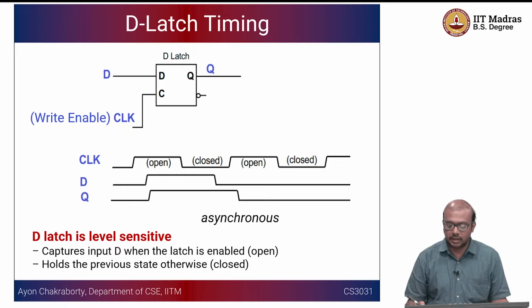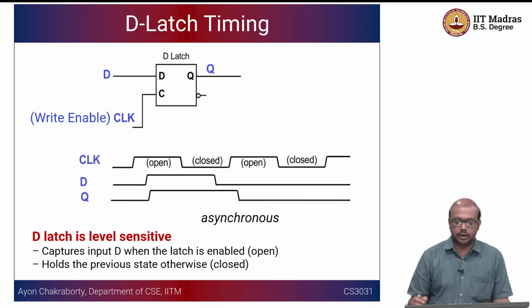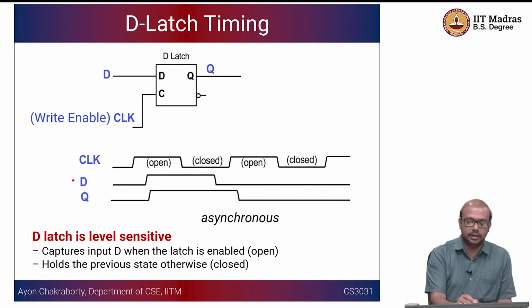Then we discussed what if we connect a clock to the write enable input of the D-Latch. As you can understand, a clock pulse is going to have sequentially alternating logic high and logic low values. You can see the square pulse shown in diagram number 1 on the top.